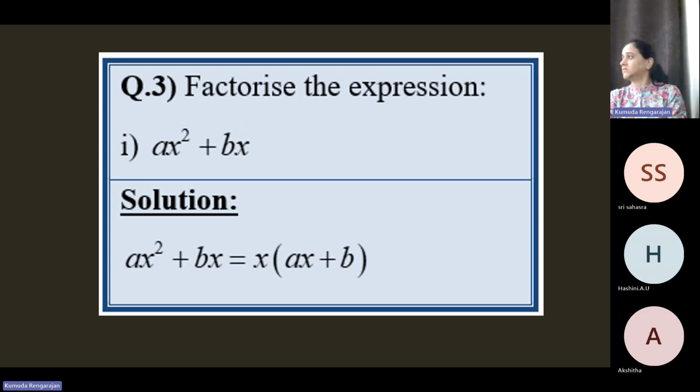Adding this, factorize the expression. Write down this one, children.